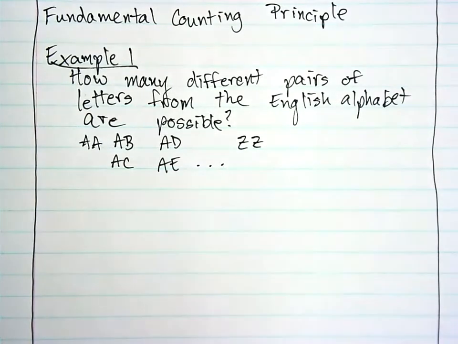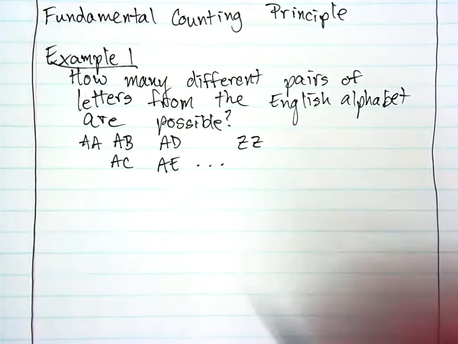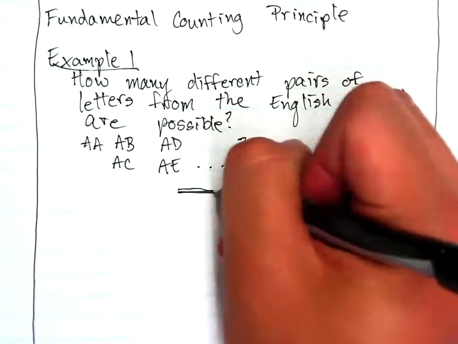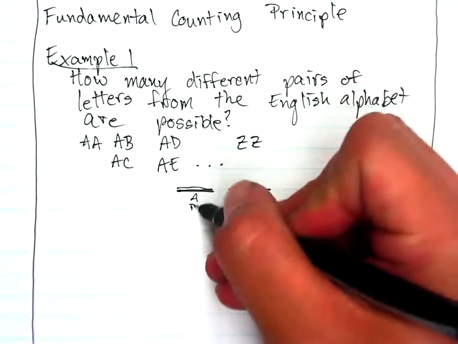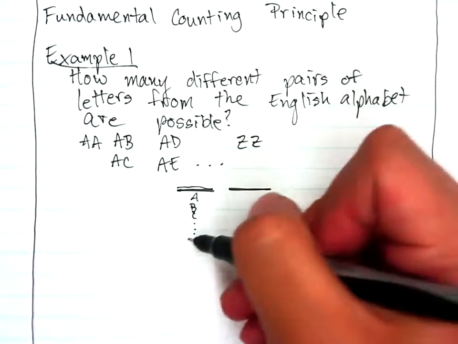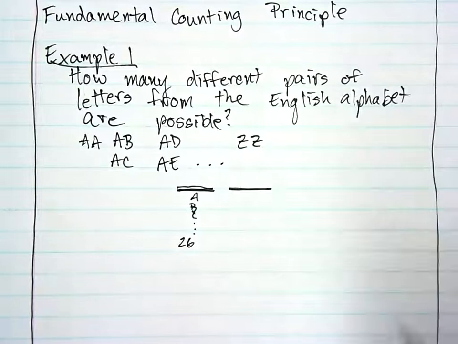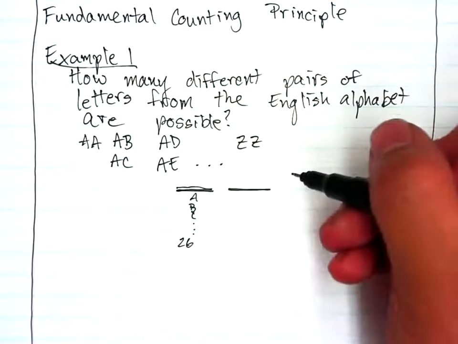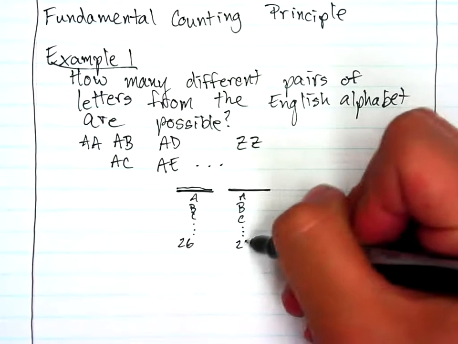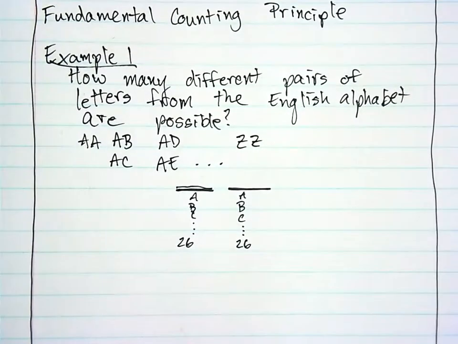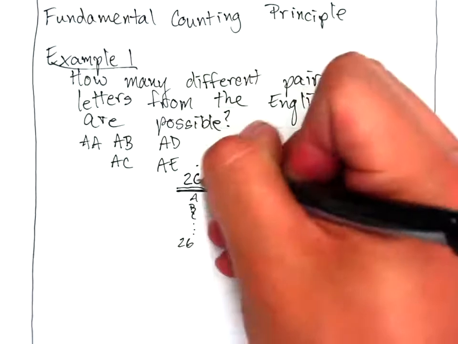Now, for those of you crazy enough, you would list it all out, but for those of you who want to take advantage of some counting principles, we're going to do something that's very simple. We know that we need a 2-letter item. All of my possible choices include A, B, C, all the way down to all 26 letters. Because we're not being specific about whether or not it can repeat, we'll assume that we can go through A, B, C, all the way down to the rest of the 26 letters. In other words, here, I have 26 letters to choose from.